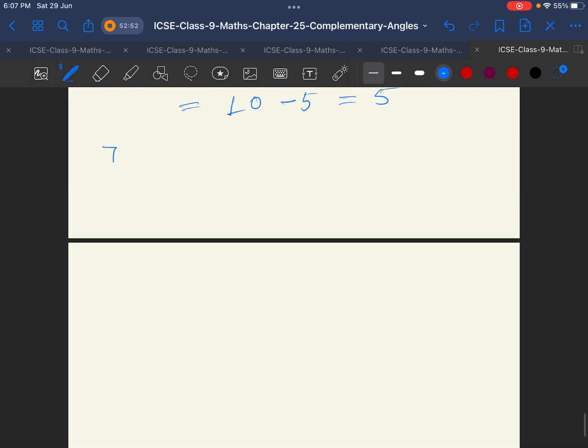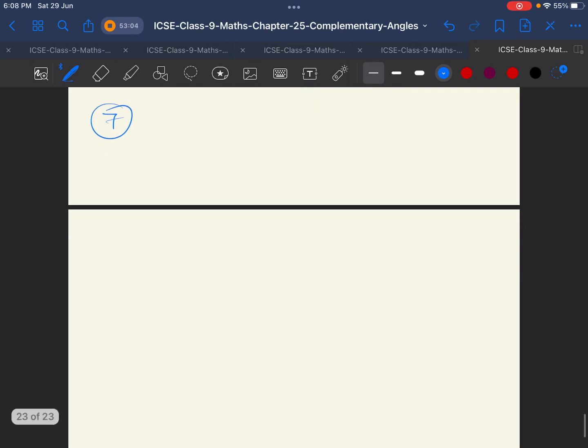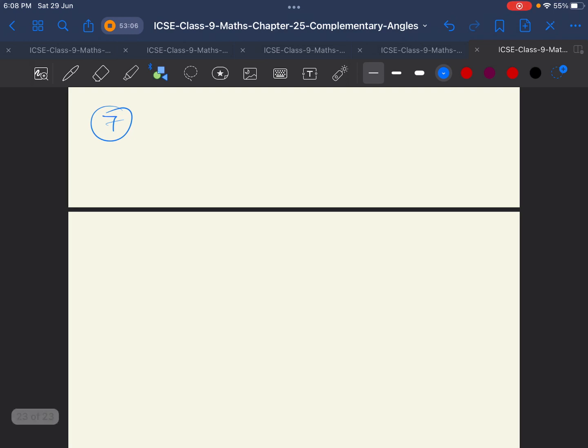Now question number 7. A triangle ABC is right angled at B. Find the value of this term. Here, first we draw a triangle.